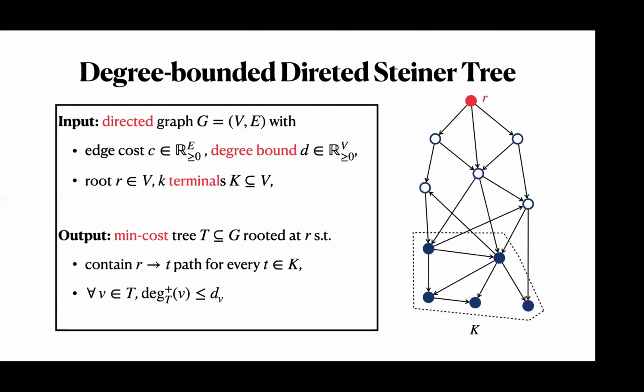The goal of the problem is to find the minimum cost tree rooted at R such that it connects R to every terminal while respecting the degree bound. That means each vertex in the tree should have out degree less than the degree bound. So the highlighted edges form an example of a feasible solution.